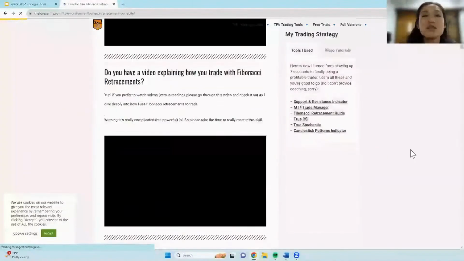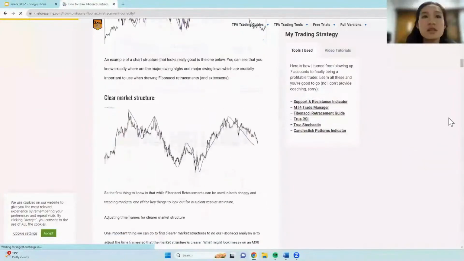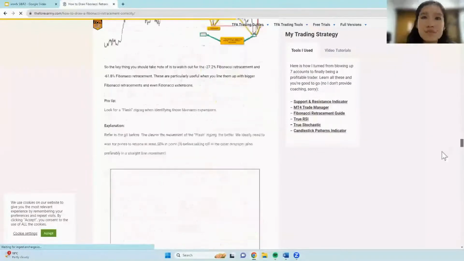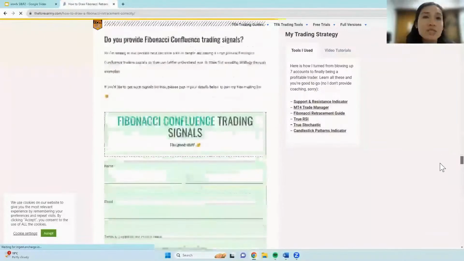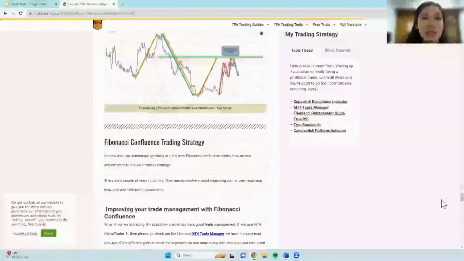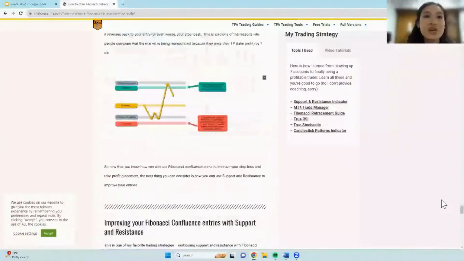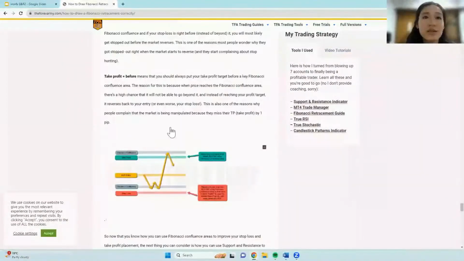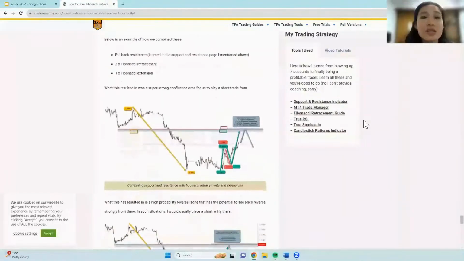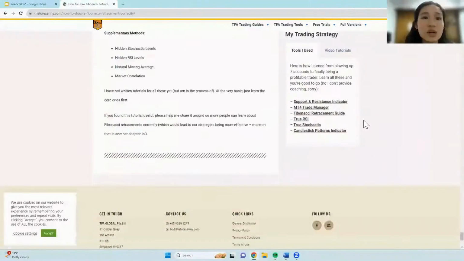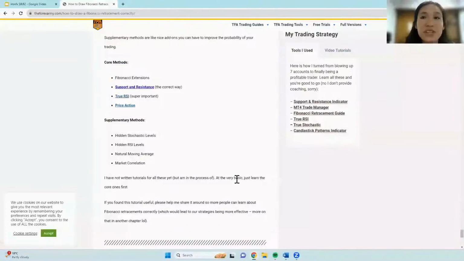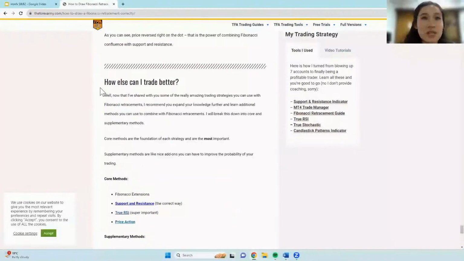These are really in-depth and easy to understand Fibonacci guides, as well as some risk management techniques, which is really important. You can go and explore this website on your own.